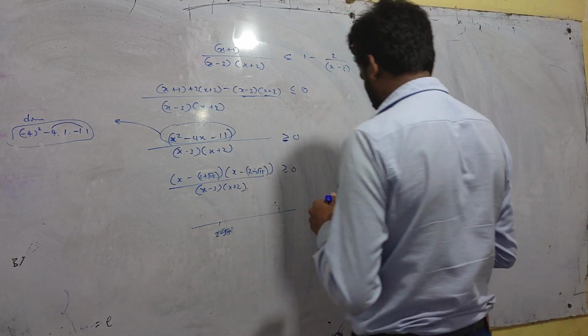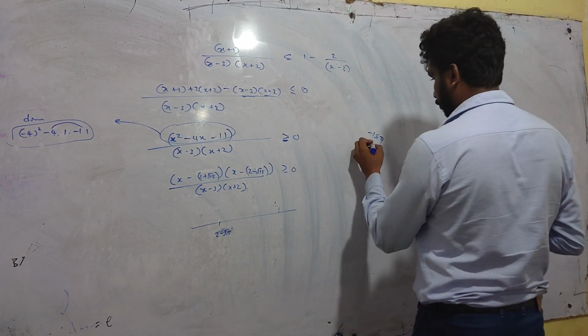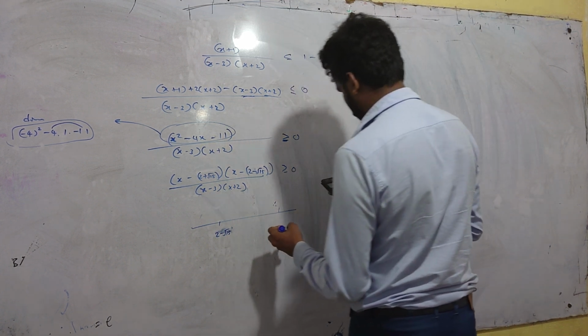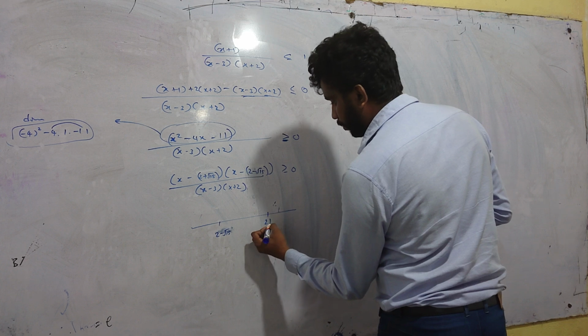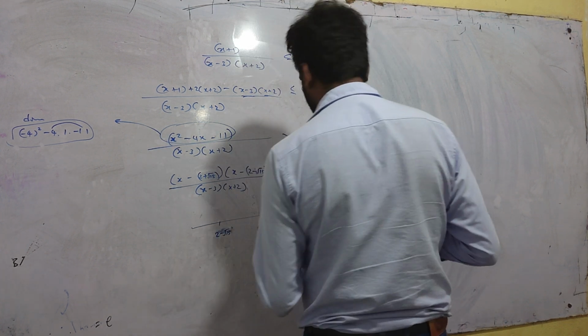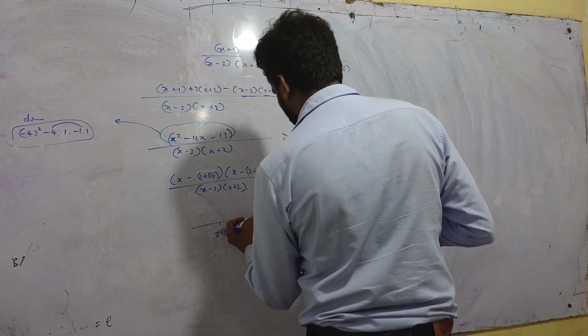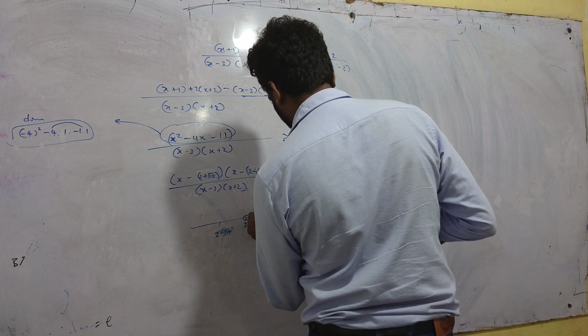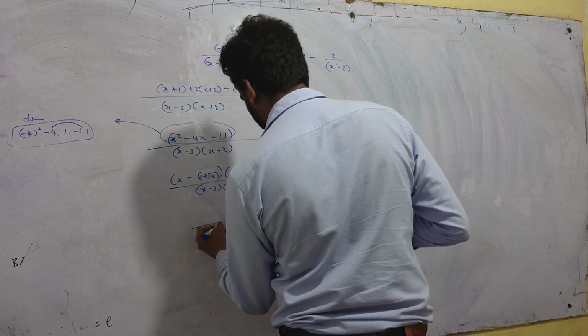The other one is 5.87, which is 2 plus square root of 15. The other one is 3. 3 is in between these two. Right? So they can be equal.